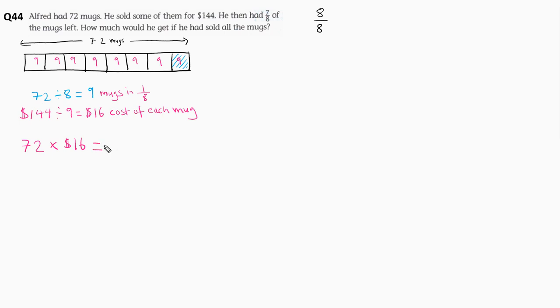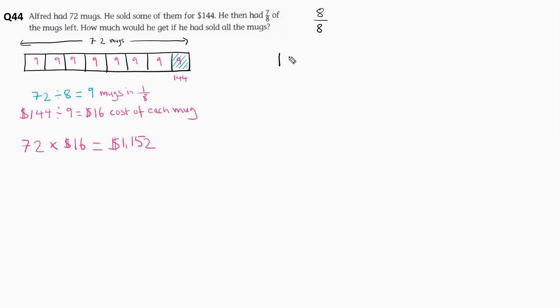And 72 times 16 is going to give us 1,152. So that's what it does in the book. It finds out the cost per mug, because this sold for 144. Now, I would have done it differently, and I think this is easier, and I don't know why they didn't do it this way.